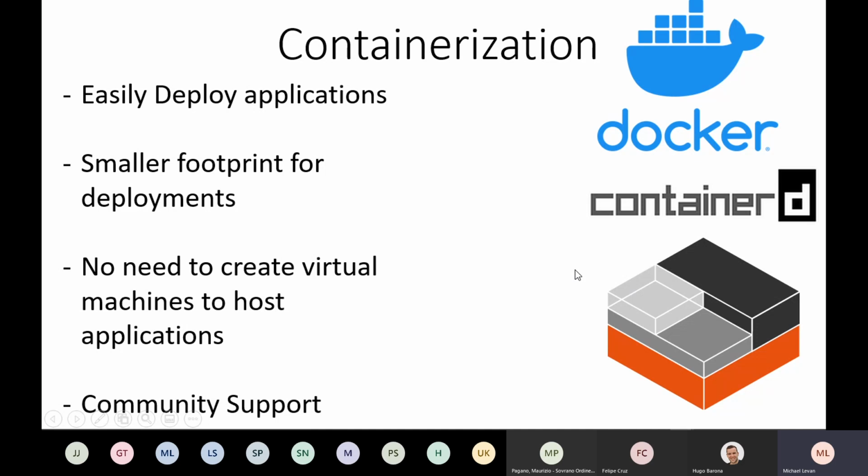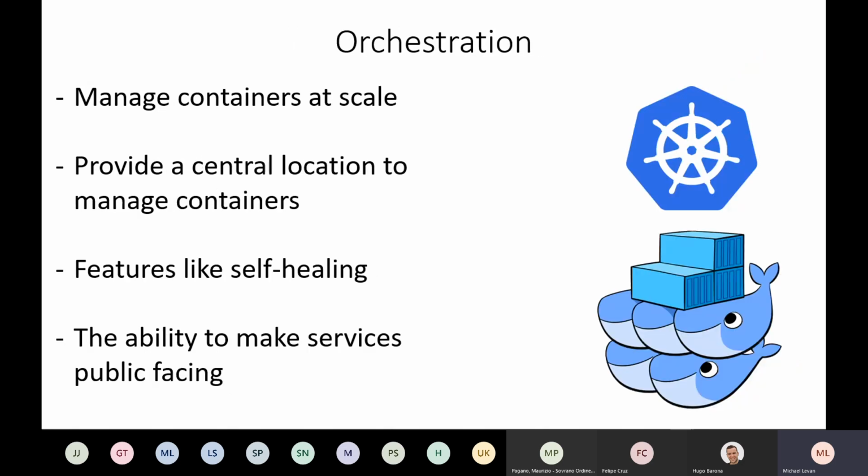LXC containers have been running on Linux for, I don't know, over 10 years. And that's really where containerization got started, I would say. I think there were other variants of it prior, but LXC was more or less the bigger picture of it when containerization really started to occur.